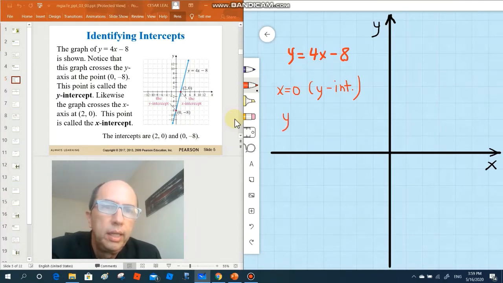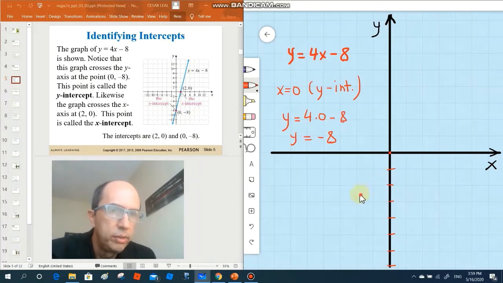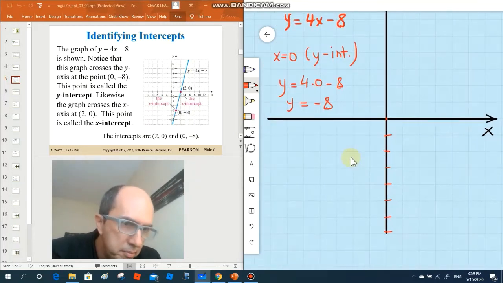This is where y equals 4 times 0 minus 8, y equals negative 8. So (0, negative 8).